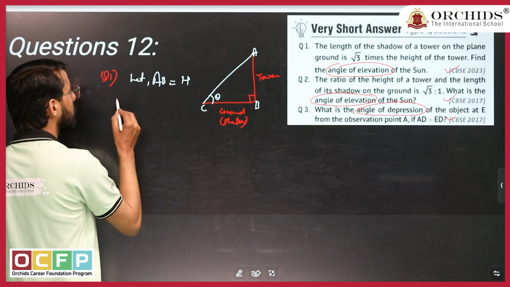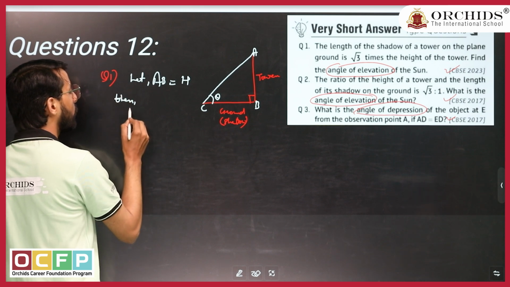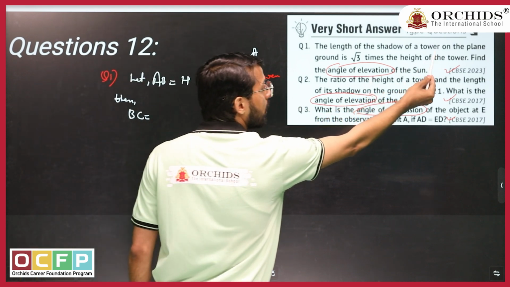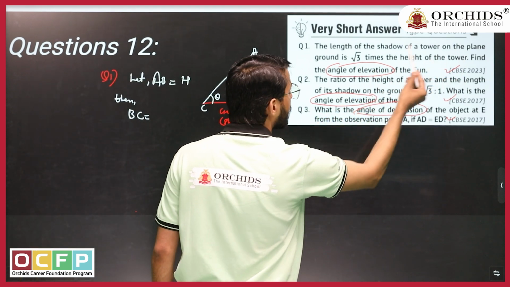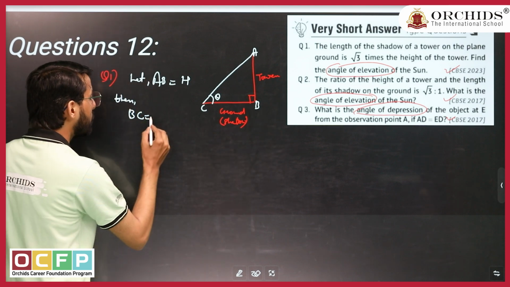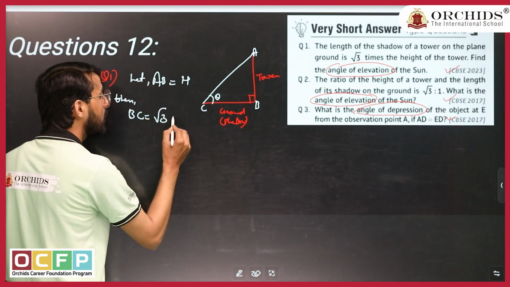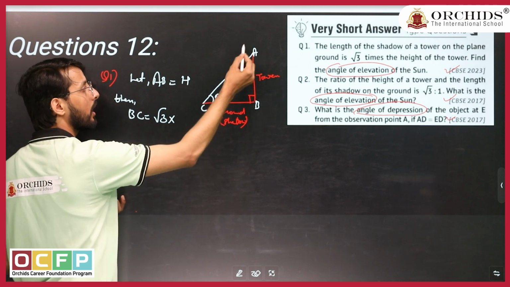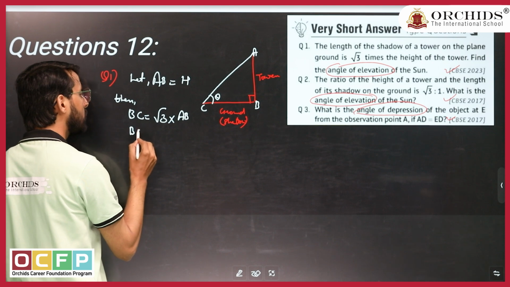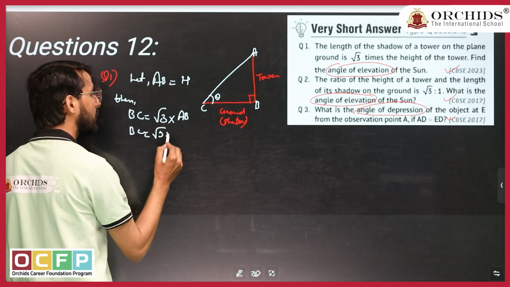Length of its shadow, then what will be BC? Read the question again. The length of the shadow of a tower on the plane ground is root 3 times the height of the tower. Root 3 times means multiplication, height of the tower means AB. So what I got? BC is equal to root 3 H.